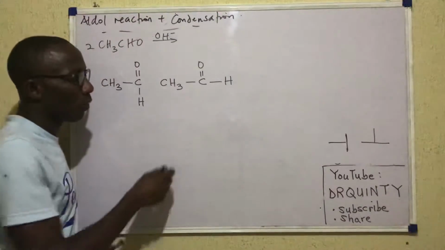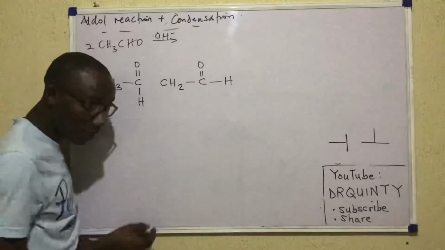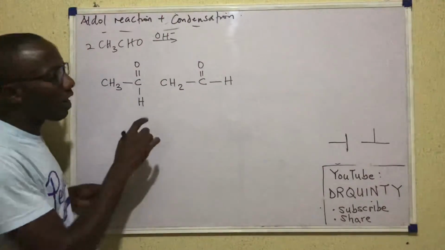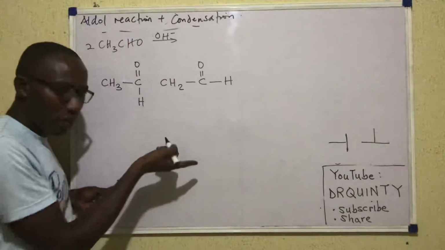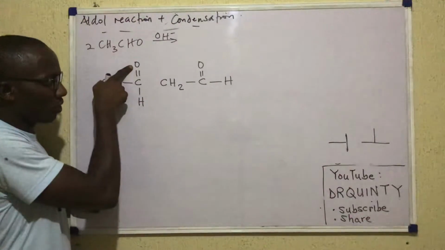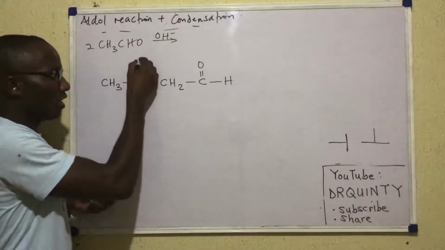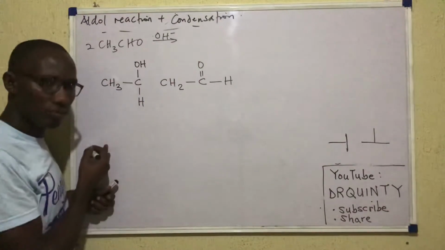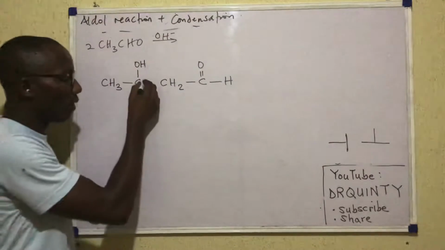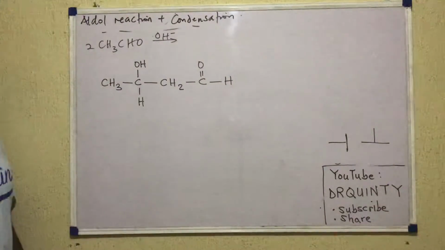By the time I pick one hydrogen from there, what will be left there? CH2, right? The alpha hydrogen I have picked, what will I do with it? I'll add it to this oxygen. When I add it to this oxygen, what I'll have there is OH. Then I'll join the 2 molecules together. What you are seeing there is my product.